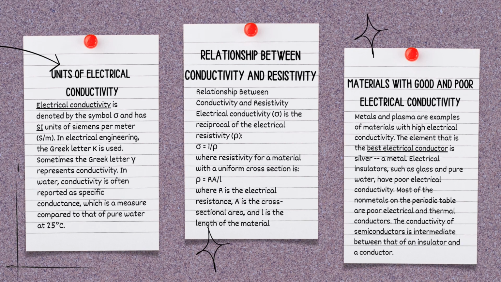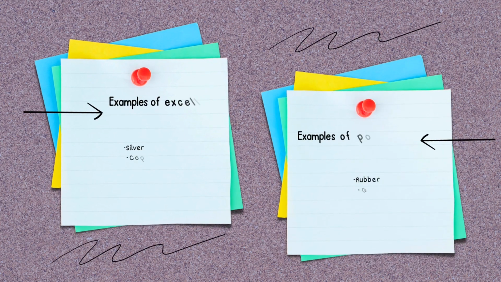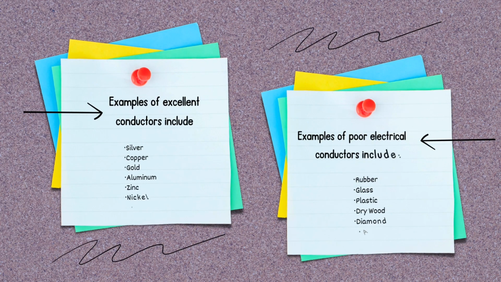The conductivity of semiconductors is intermediate between that of an insulator and a conductor. Examples of excellent conductors include silver, copper, gold, aluminum, zinc, nickel, and brass, while examples of poor electrical conductors include rubber, glass, plastic, dry wood, diamond, and air.